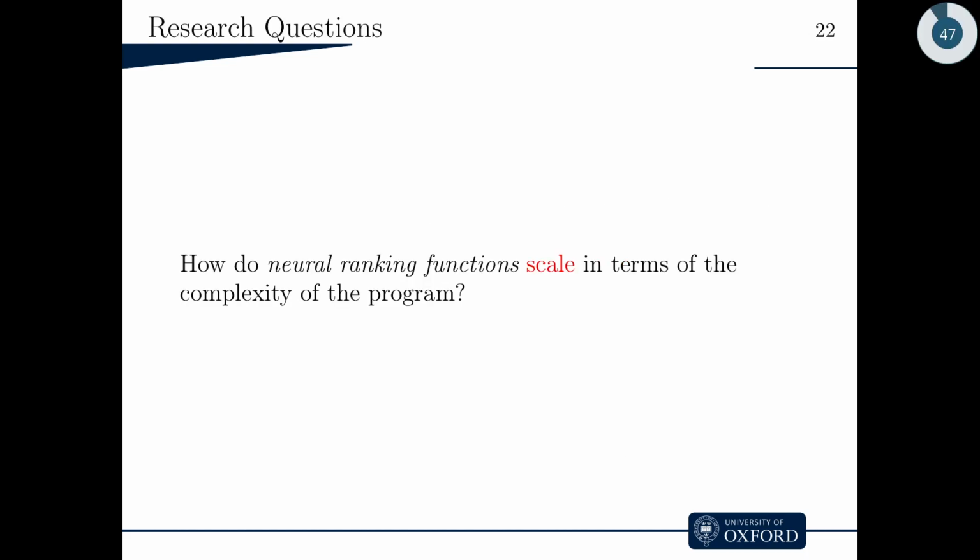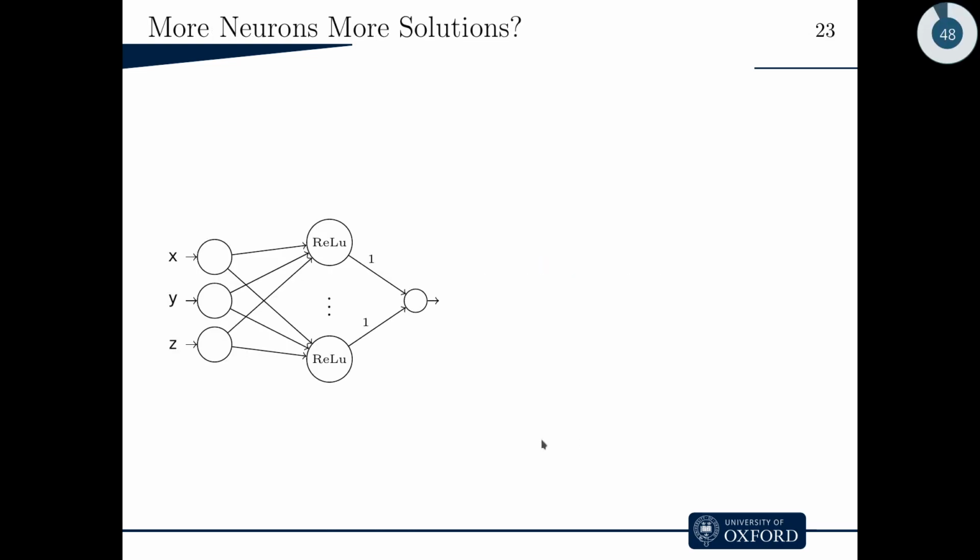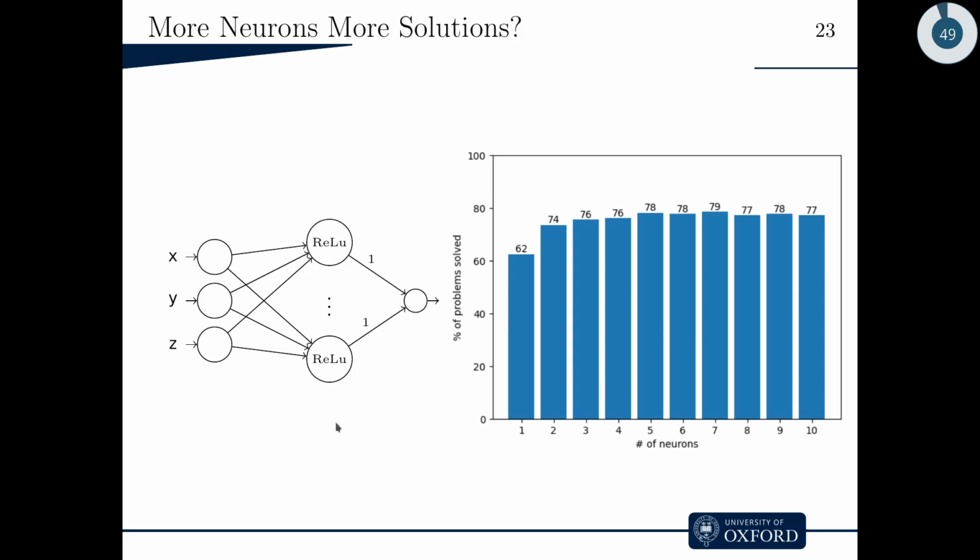The last research question we asked ourselves is whether neural ranking functions scale in terms of the complexity of a given program. In particular, if this constitutes our neural ranking function, we were wondering if increasing the neurons in the hidden layer will lead to any better results. And it turns out that increasing it in the beginning, so going from 1 hidden neuron to 2 hidden neurons, indeed leads to an improvement.